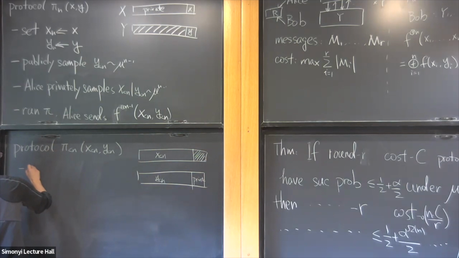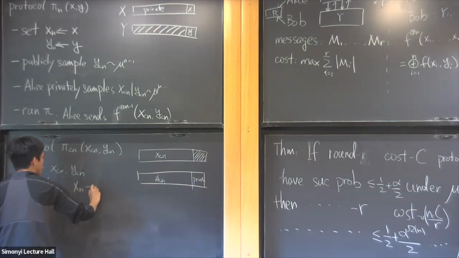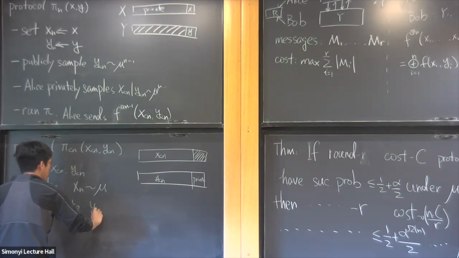So publicly sample xn from the input distribution, and also Bob privately samples yn conditional on xn.